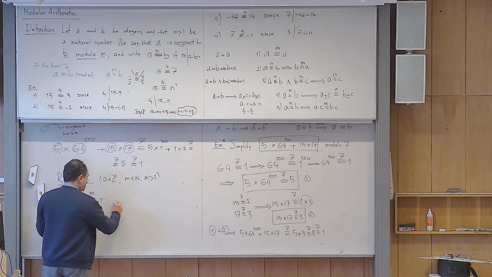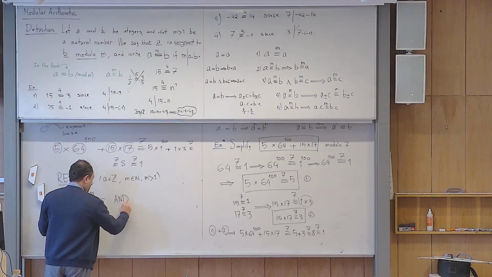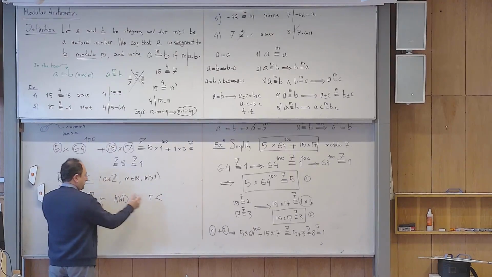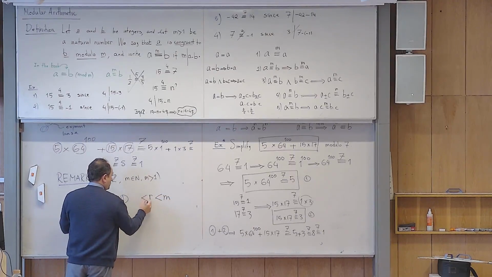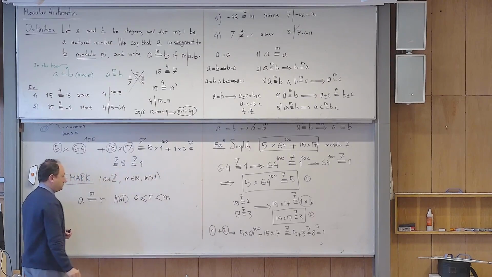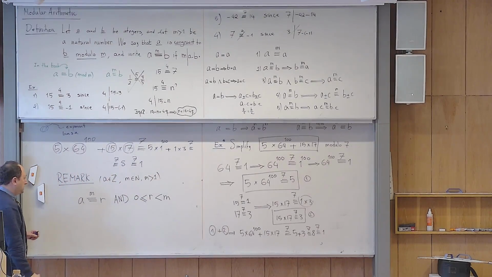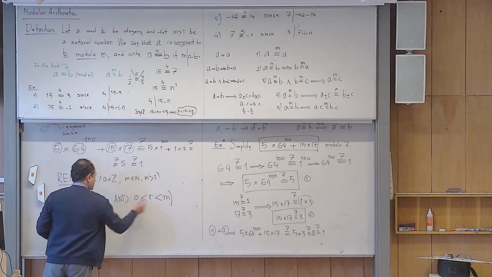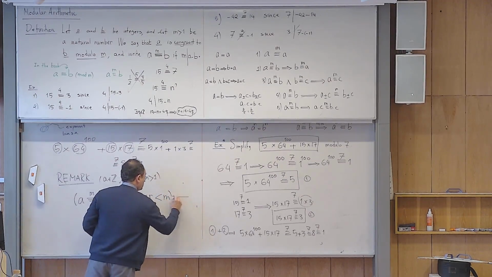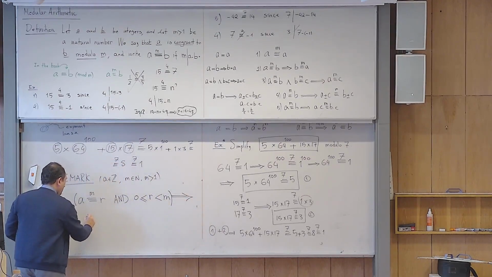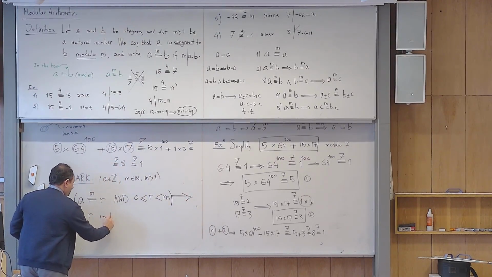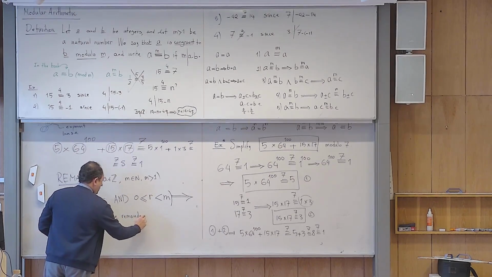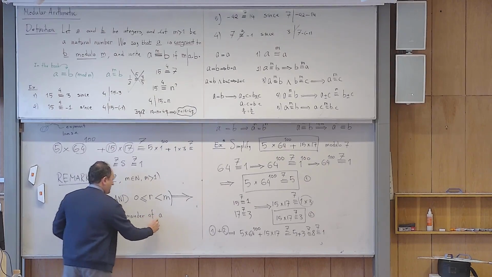And this number r is less than the modulus, but greater than or equal to 0. If these two conditions are met, you can conclude that r is the remainder of a by m.